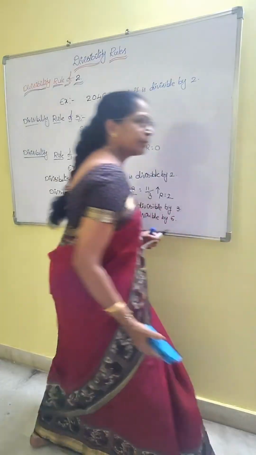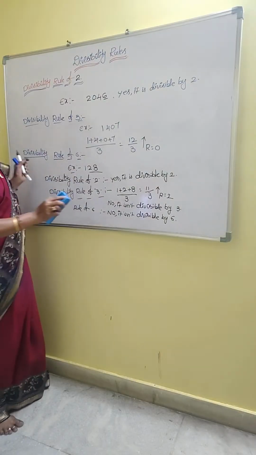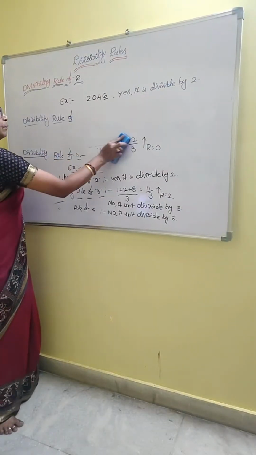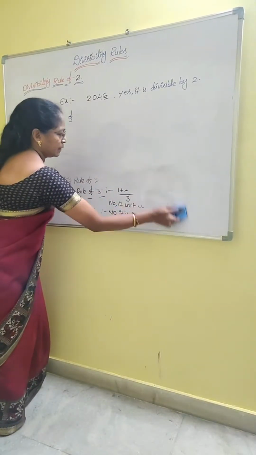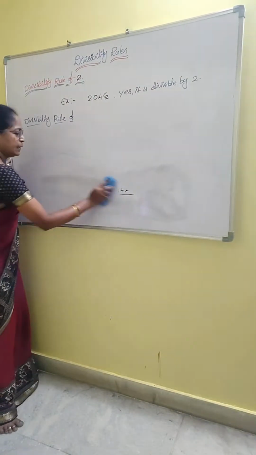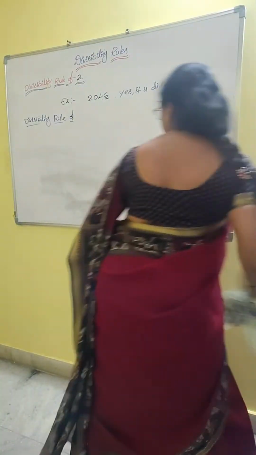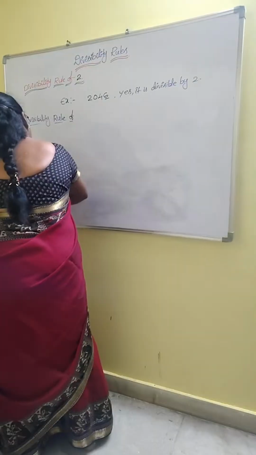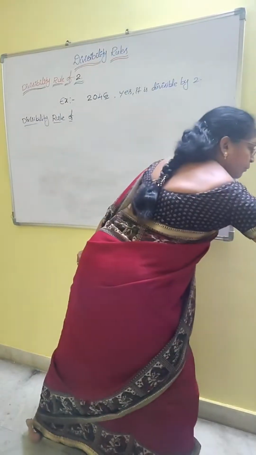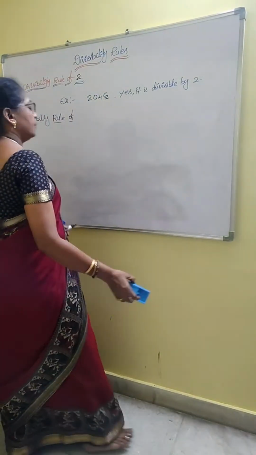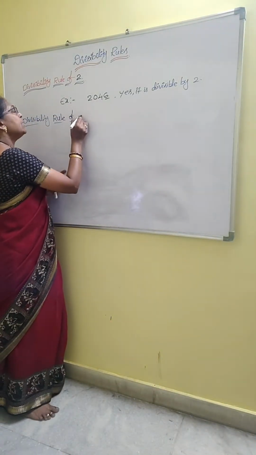Now see. Next, the rules for 2, 3 and 6 are completed. Next divisibility rule: the divisibility rule of 9.